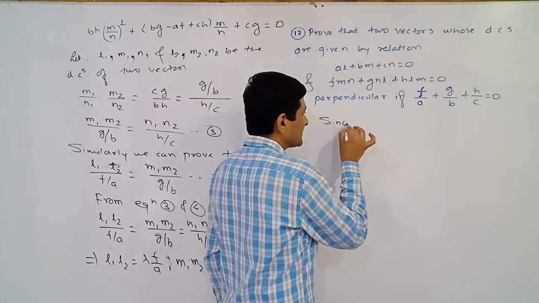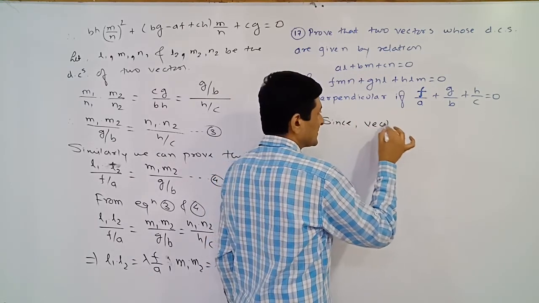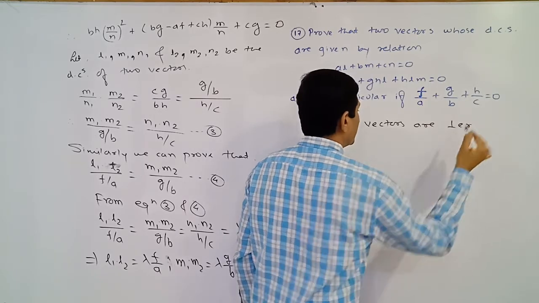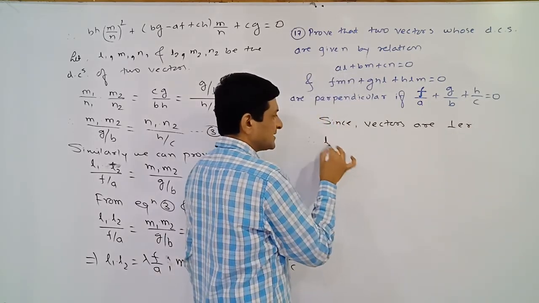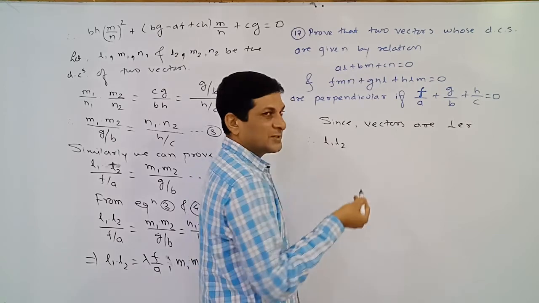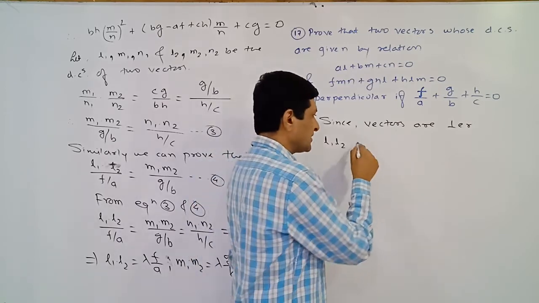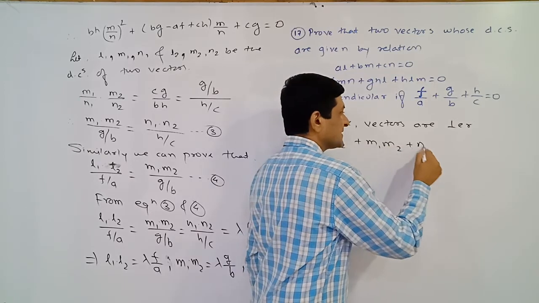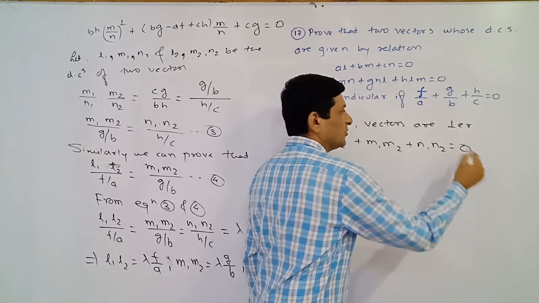Since vectors are perpendicular, we know that direction cosines satisfy which condition? L1 L2 plus M1 M2 plus N1 N2 is equal to what? 0.